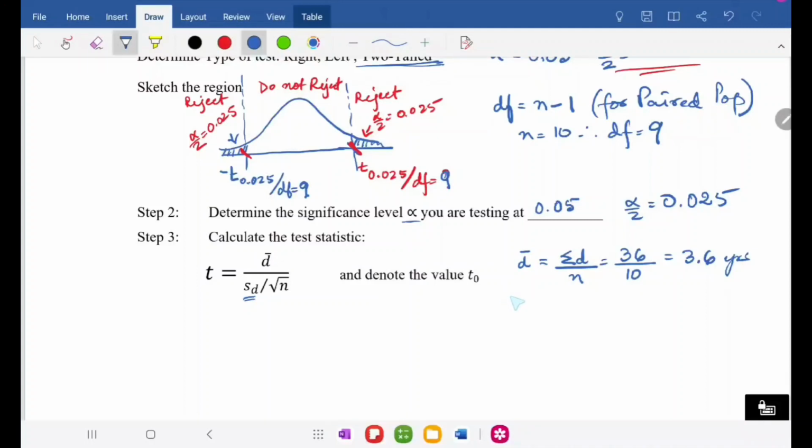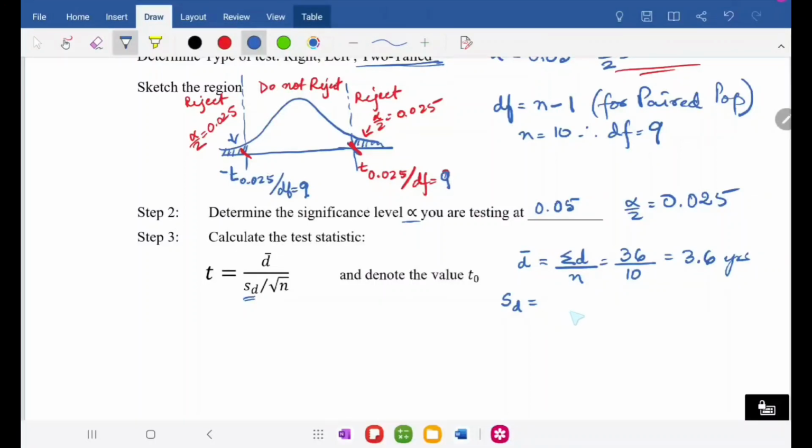S sub D uses the same formula we use to find the standard deviation. We learned that way back at the beginning phases of statistics 1. Keep in mind that those are basic statistical calculations you should know at this stage of statistics 2. I'm going to write the computing formula because it's so much faster.